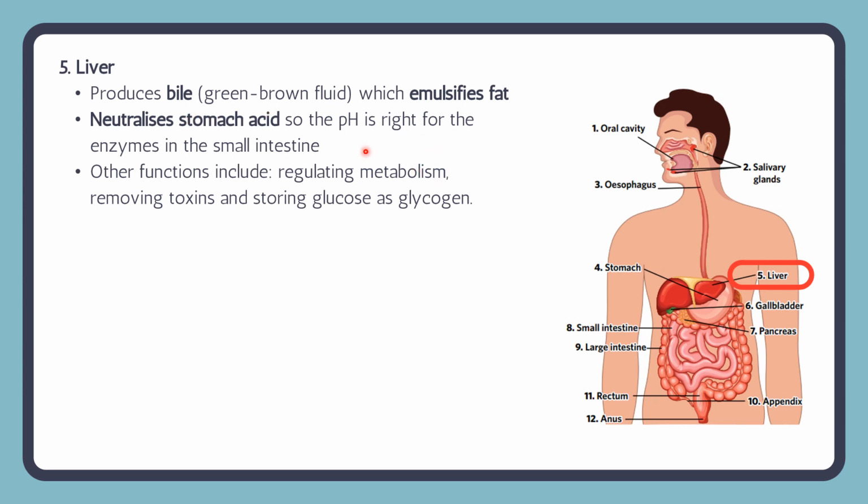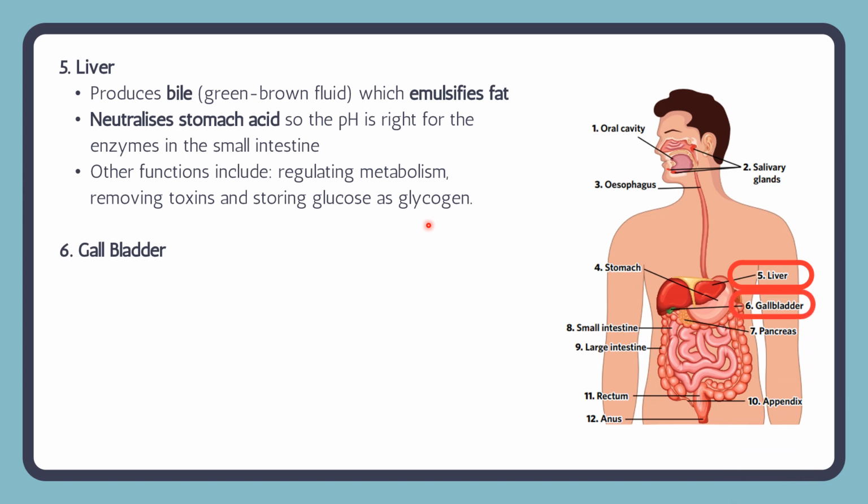So bile produced in the liver will help neutralize that, so that as food enters your small intestine, it is not too acidic. It also has other functions such as regulating metabolism, removing toxins, and storing glucose as glycogen, all of which we're going to learn about when we look at different body systems.